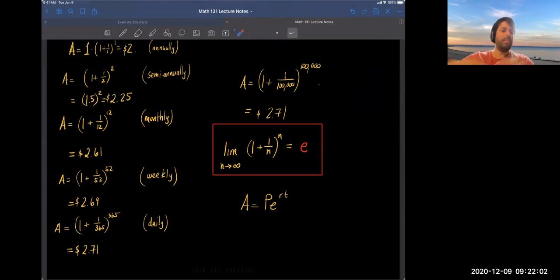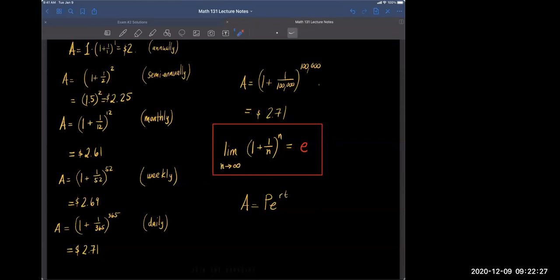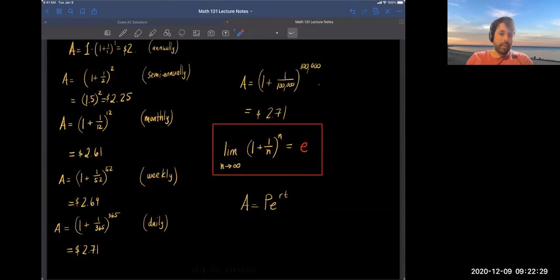I would make as much as I like, but there's actually a limit behind this structure. So it's not an infinite amount. I thought that from $1, if I applied the interest rate of 100% as many times as I liked in a year, I would get way more than $2. But the max is $2.71. That's as much as I can make, which is not bad. It's almost three times as much, right?